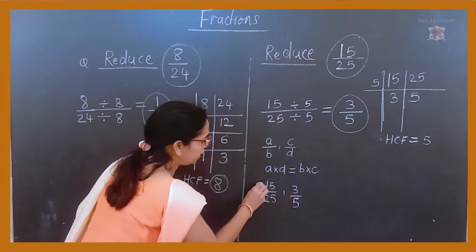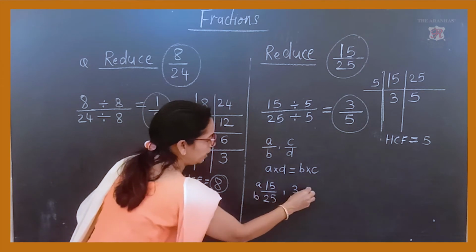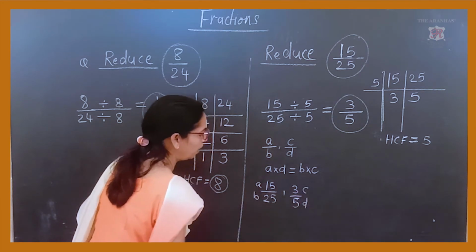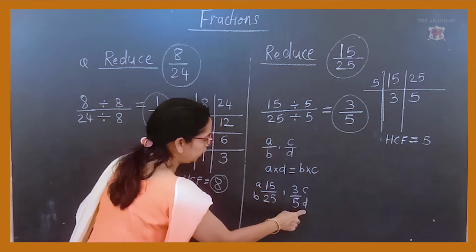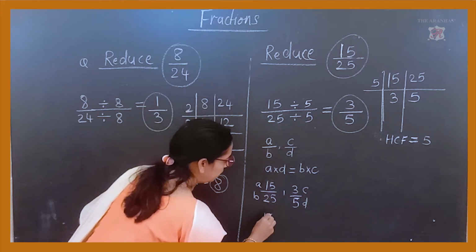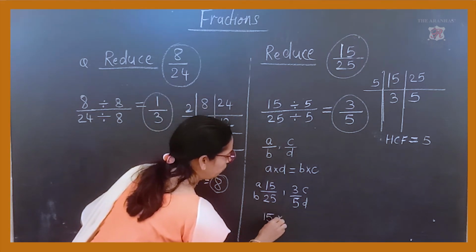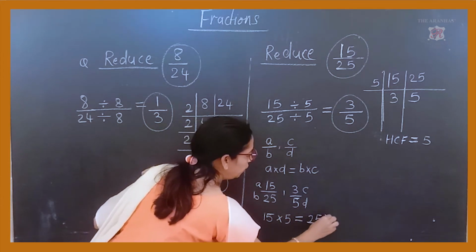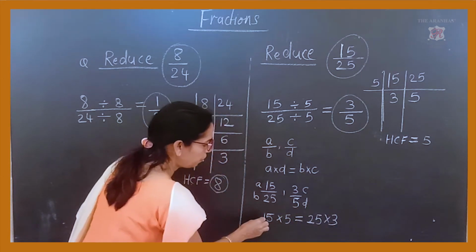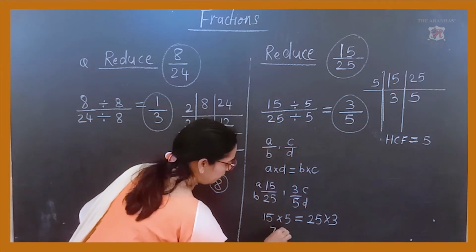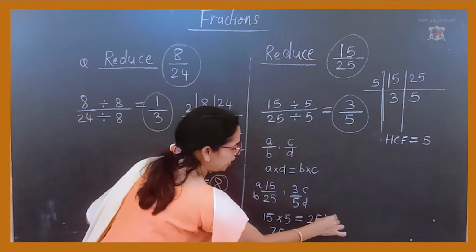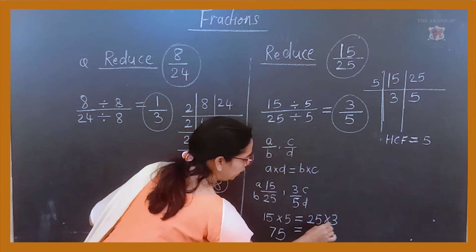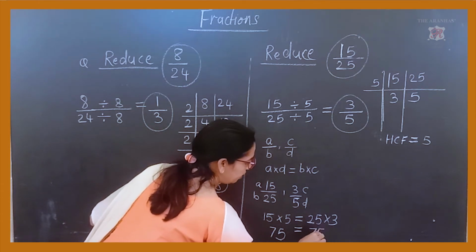Now this 15 will be A, here B, C and D. Now when you take A into D, means 15 into 5, gives you 25 into 3. So 15 5s are 75 and 25 3s are, you will find out by multiplication, 75.